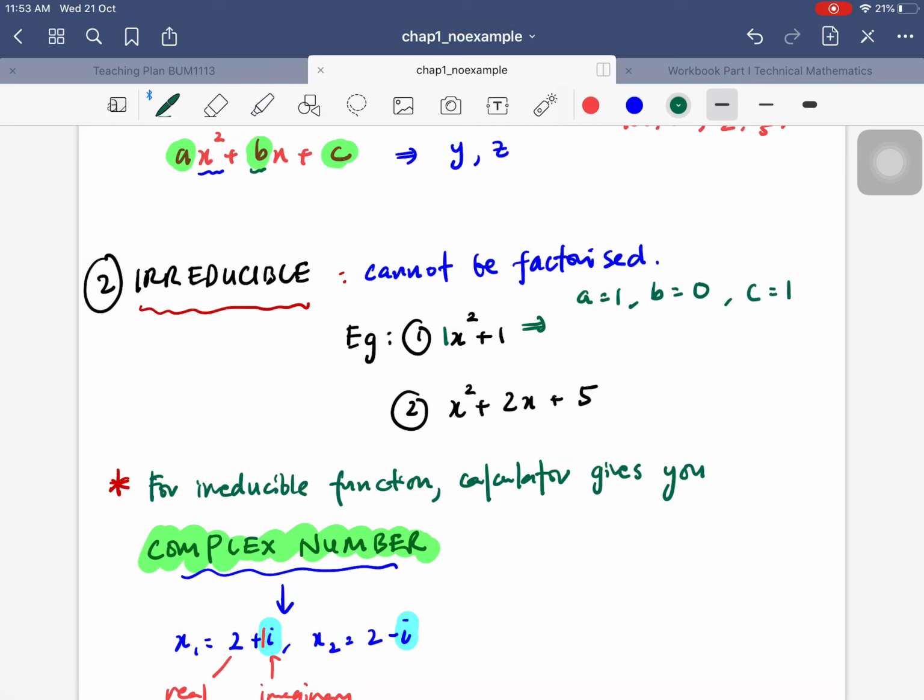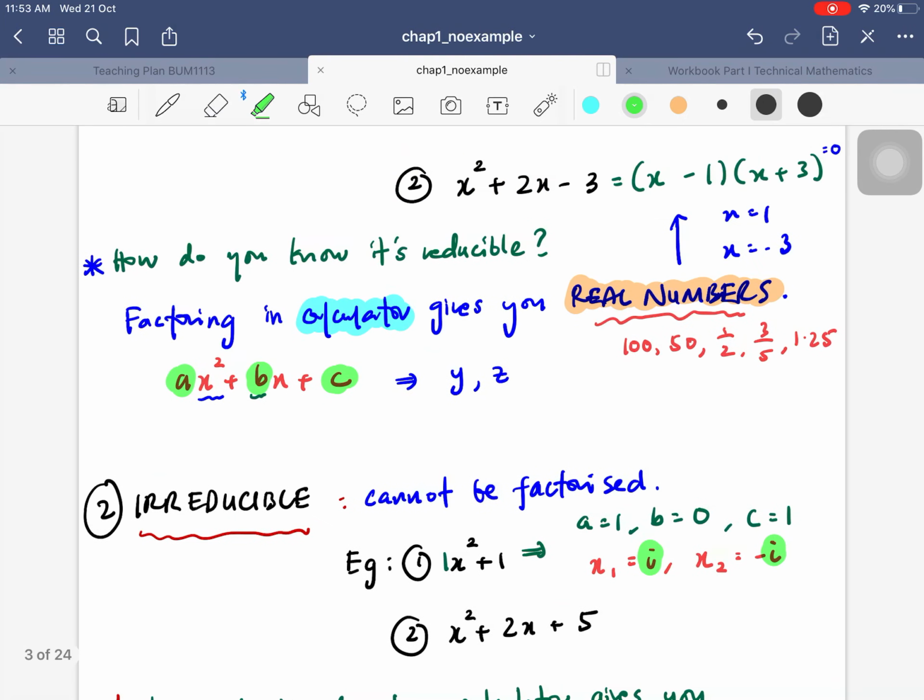My C value is going to equal 1. When I put it into the calculator, it will give me roots: the first root is going to equal i, and the second root is going to equal negative i. Remember, when you have i, automatically that is going to be a complex number. So when you have a complex number, you cannot factorize it. You cannot write it in this form.